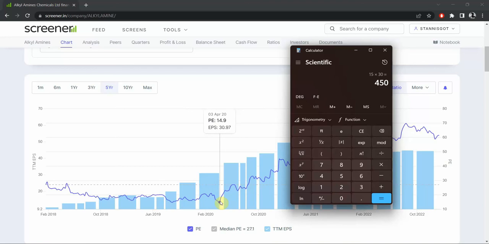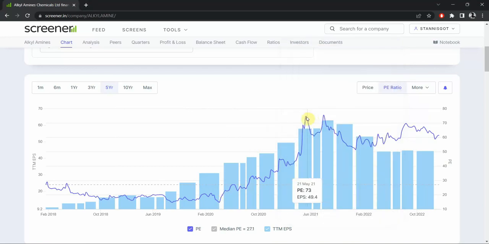And then at the peak of the cycle, the PE went up to 75 and the EPS went up to 50. So there is not much growth in the EPS, right? In about five quarters, the EPS has gone up by 60%, from 31 to almost 49.